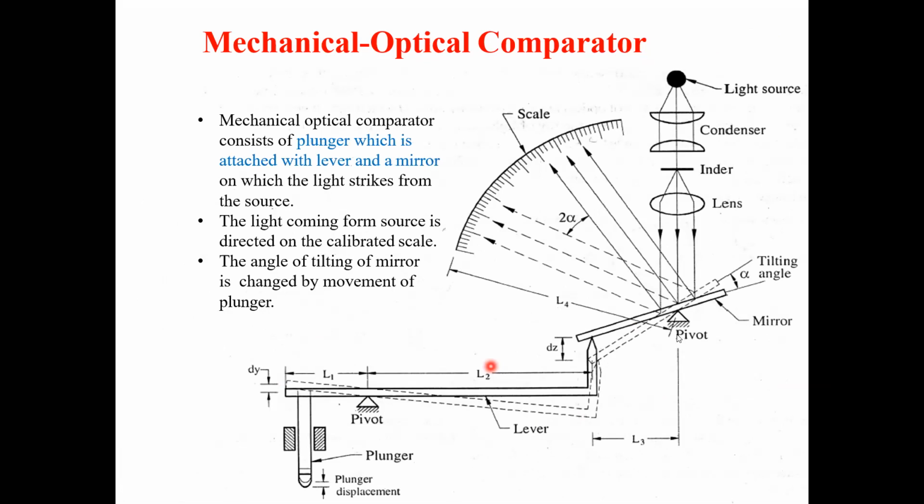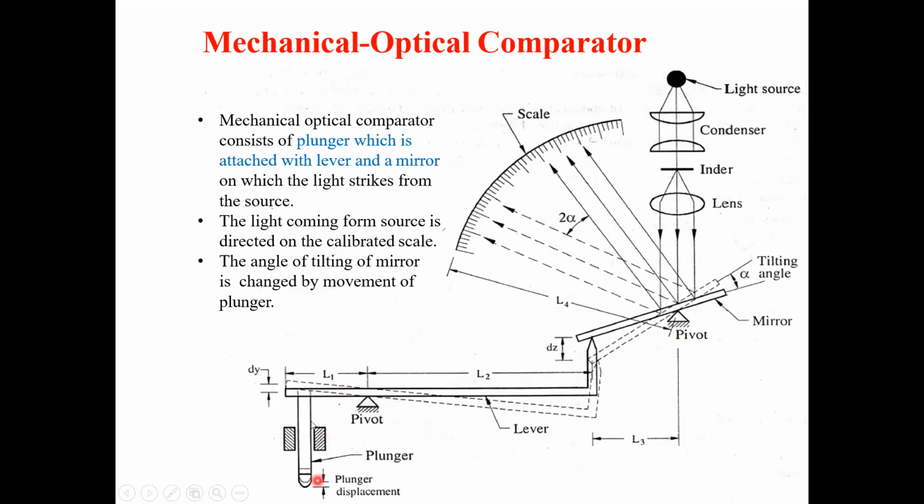In this case, both mechanical and optical mechanisms are incorporated, so two-stage magnification is possible. The first part is the plunger and the lever, which is pivoted here.